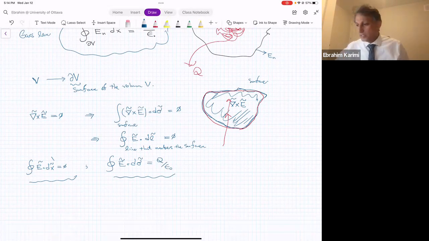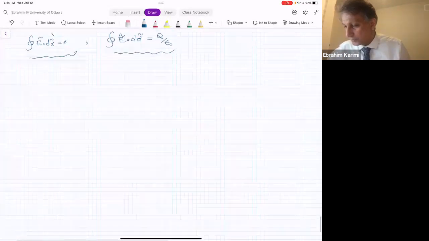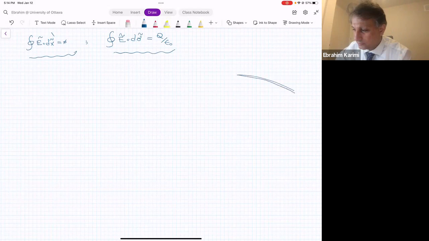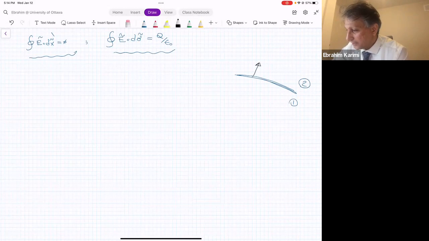Okay, so let's do that for a specific boundary. Assume we have two different regions, region number 1 and region number 2, and the normal to the surface is N at the boundary.